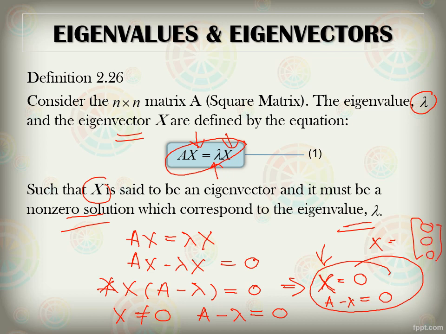So we put a condition where this x cannot be 0. So it must be non-zero. It's okay for our A minus lambda to equal 0, because our lambda here is just a constant. Alright, so understand that? Right.